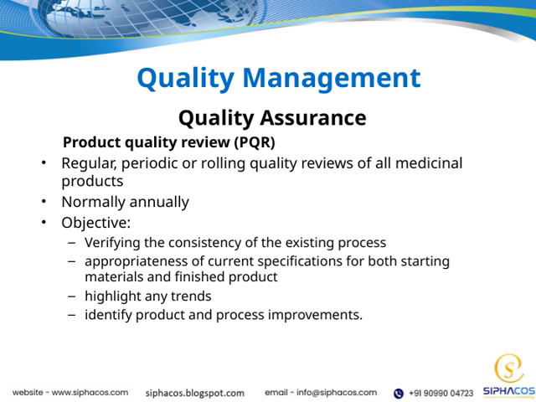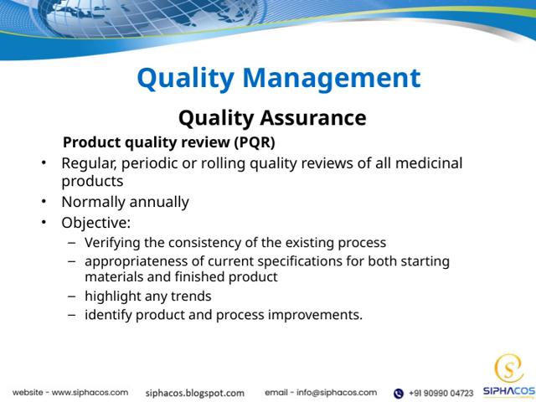The main goal of these reviews is to verify the consistency of our existing processes, making sure that everything remains reliable over time. It also helps us assess the appropriateness of current specifications for both starting materials and the finished product. By doing so, we can identify any emerging trends that might indicate potential issues or areas for improvement.